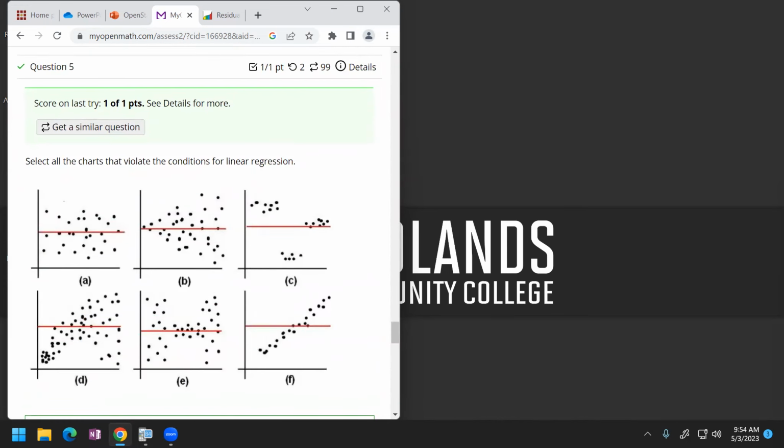So of these 6 graphs, which one can you do a linear regression on? Not B. Why not? Can you see the pattern here? You get this V pattern. If there's a pattern in the graph of the residuals versus your independent variable, you cannot use a linear regression on it.